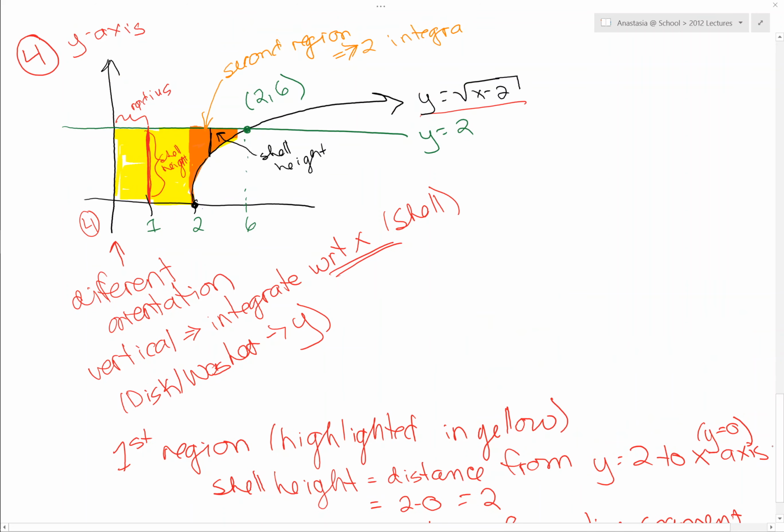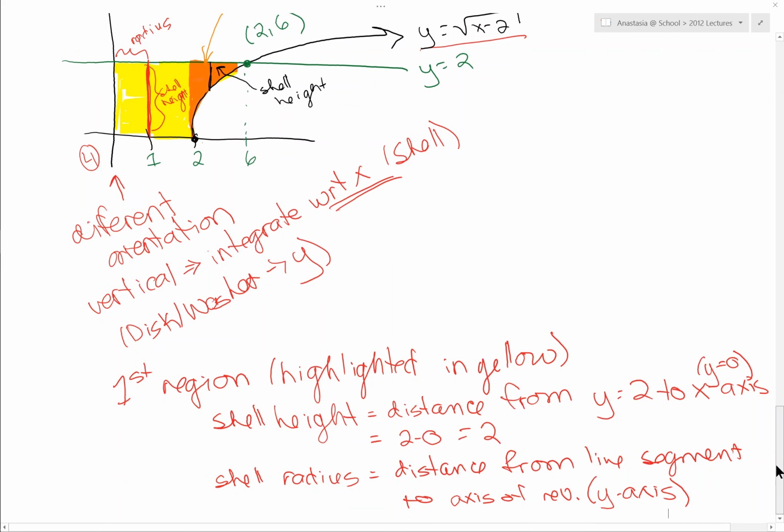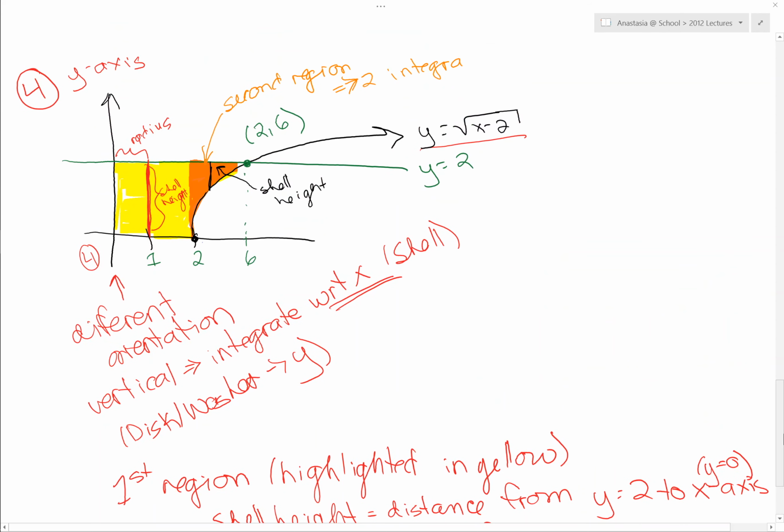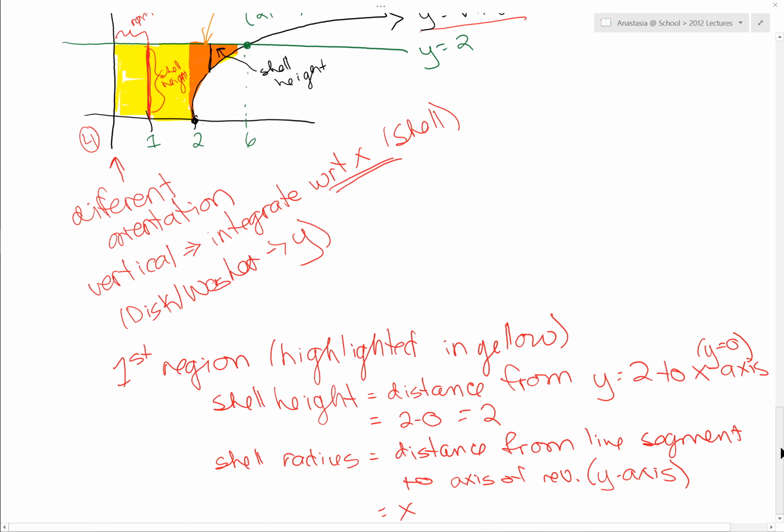Now, when we rotated around the x-axis before, our shell radius ended up just being y, because we were talking about just a basic vertical distance. Now that we are rotating about the y-axis, we are talking about a basic horizontal distance. So that means that our shell radius is just going to be x in this case. The distance from the line segment to the y-axis will always just be x.